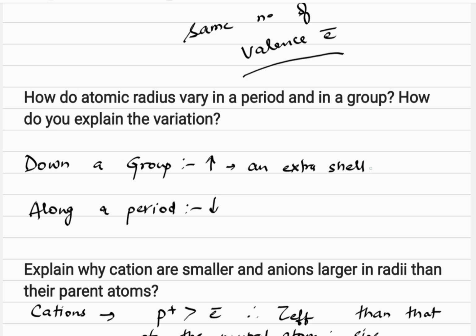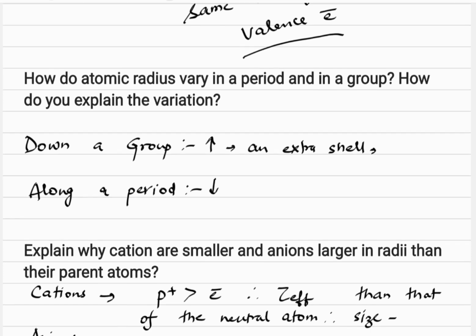Because an extra shell gets added, the outermost electron tends to be farther and farther away from the nucleus as we go down the group. So since an extra shell gets added, obviously as you move down the group, the atom becomes bigger and bigger.